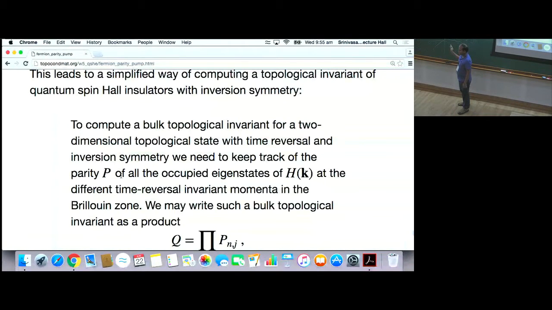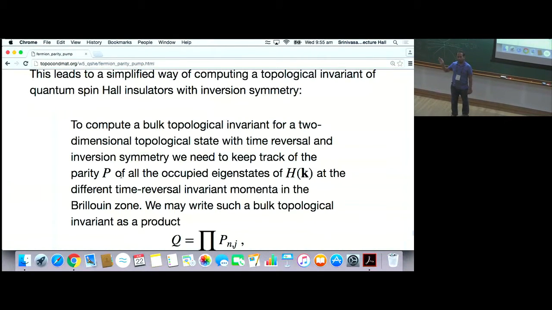But I want to take advantage of my inversion. So I am choosing ky to be 0, which is invariant under this inversion. And then I'm looking at the dispersion along kx near the transition, which is this avoided Dirac kind of thing. And I have a mass, which is this gap. And my domain wall is where that mass changes as a function of x.